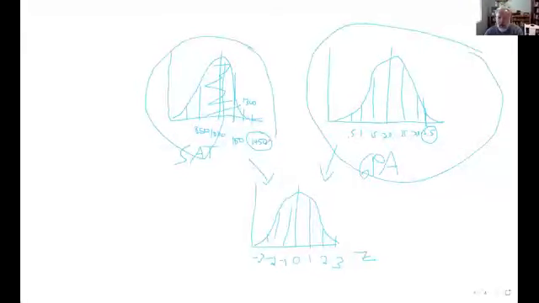Because these things are measured differently, right? Your SAT is how many questions you got right on a standardized exam. Your GPA is the average grade you got across all the classes you took. So these are not measured the same way.